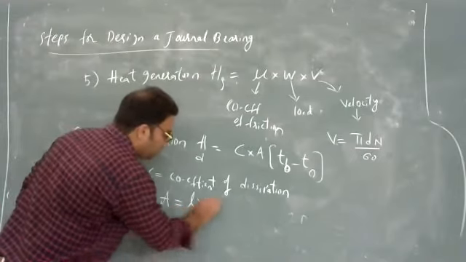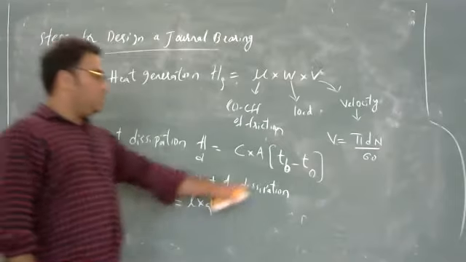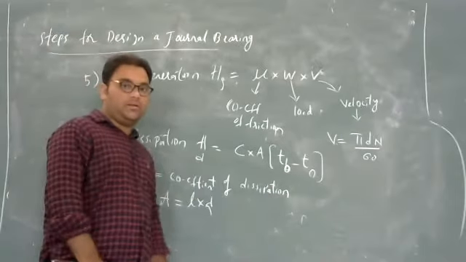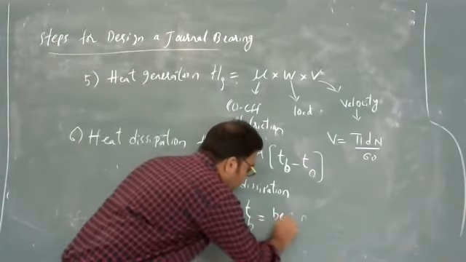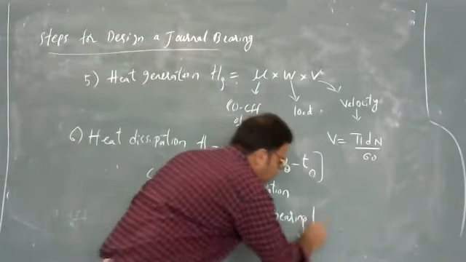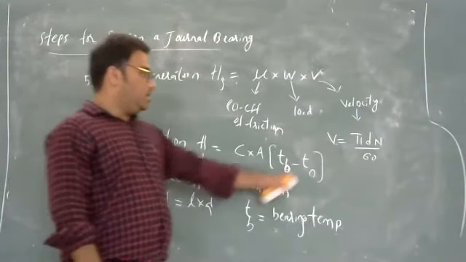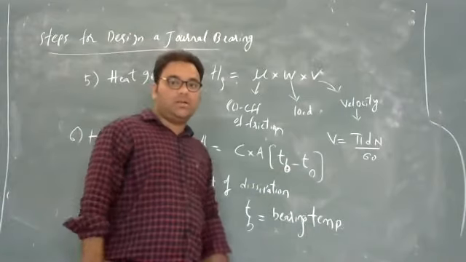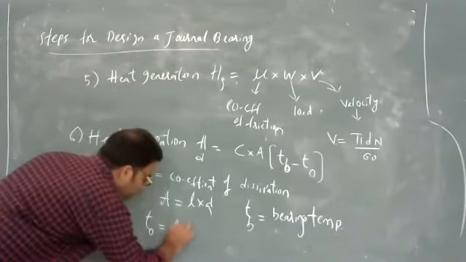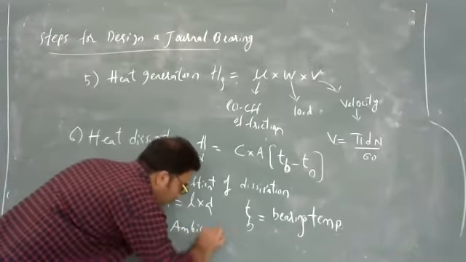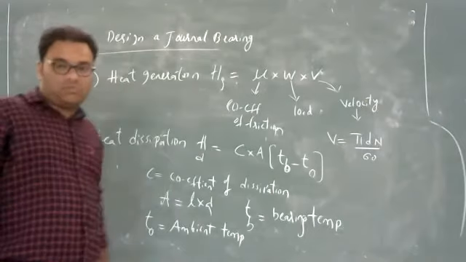So what is the formula? Projected area is L times D. Now Tb is nothing but the bearing temperature, and T naught indicates the ambient temperature, or atmospheric temperature.